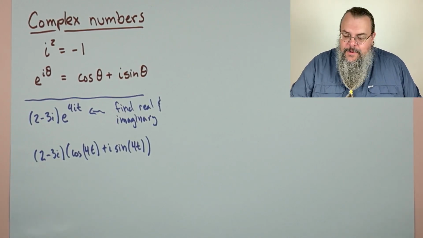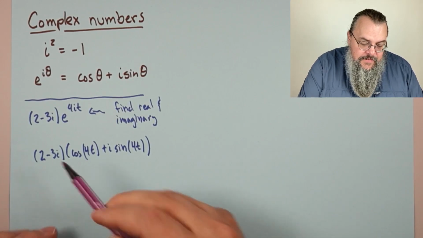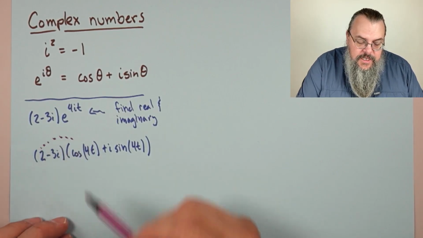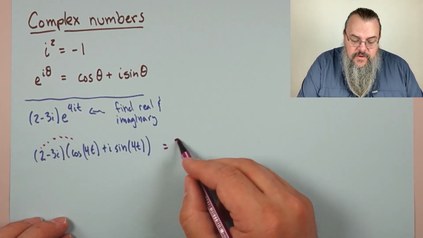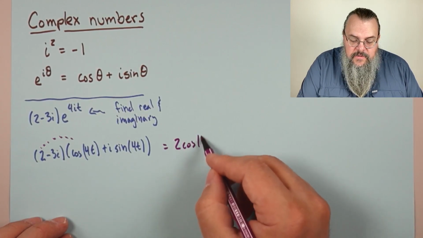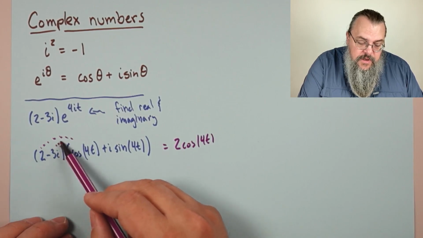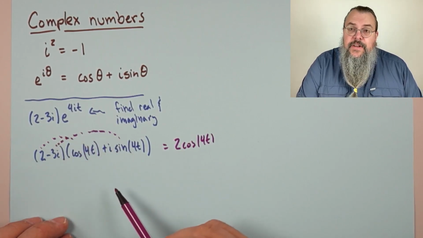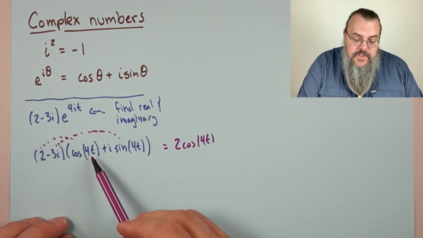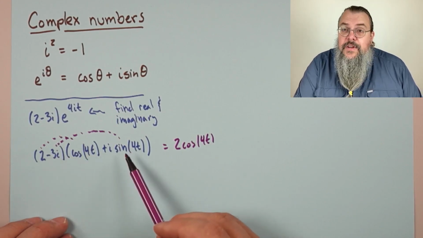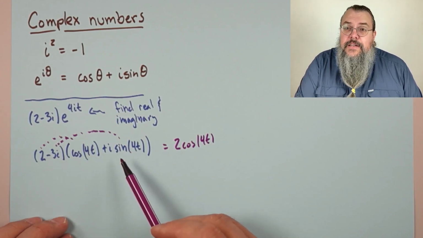All right, so we begin. We have the 2 times the cosine 4t, so that's 2 cosine 4t. That's real times real. And now I'm going to do imaginary times imaginary. So that was the first, and now I'm going to do the last. Wait a second, that's not FOIL, that's FLIO.